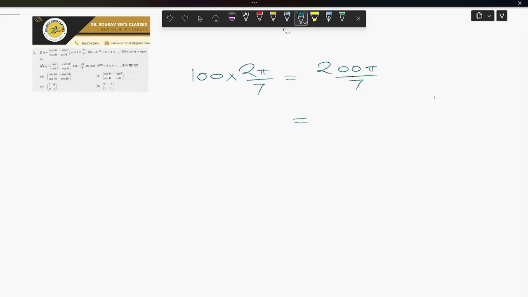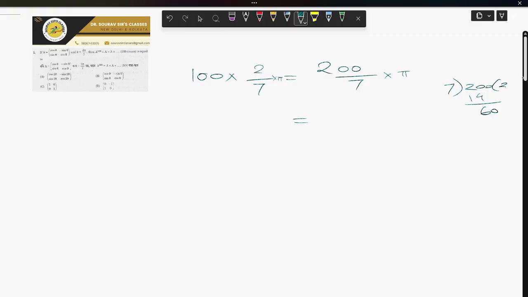Let us take pi away, then divide 200 by 7: 7 times 28 is 196, so we get a remainder of 4.